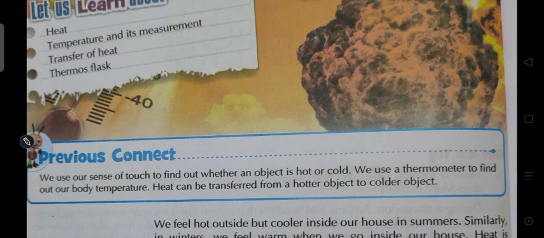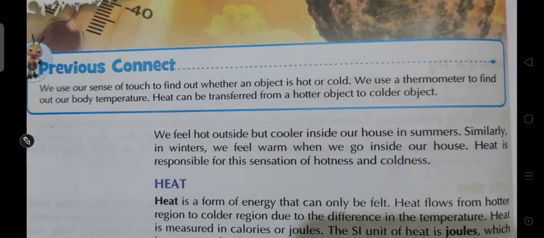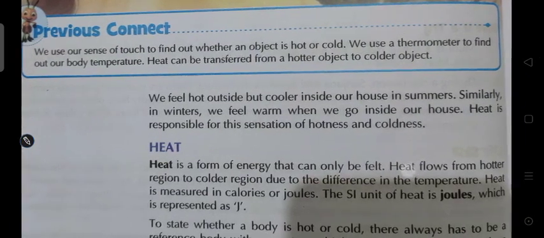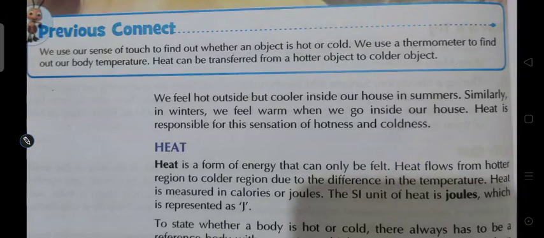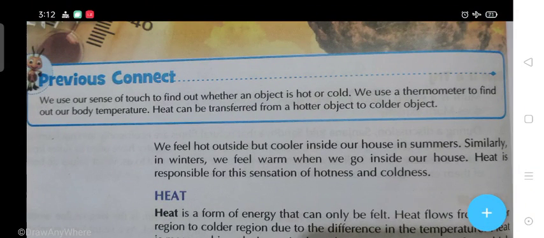Heat can be transferred from a hotter object to a colder object. So these things, students, we know and we have studied already. So today we are going to start the chapter Heat. Students, we feel hot outside but cooler inside our house in summer.